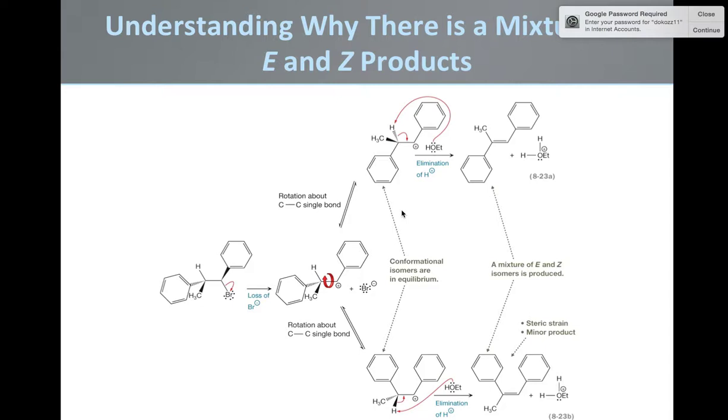The second portion of this mechanism is a proton transfer, where a base removes the hydrogen atom and you have heterolysis of the carbon-hydrogen bond to form a pi bond, which alleviates the carbocation intermediate. This gives the trans alkene, or E-alkene, versus the cis alkene, or Z-alkene.